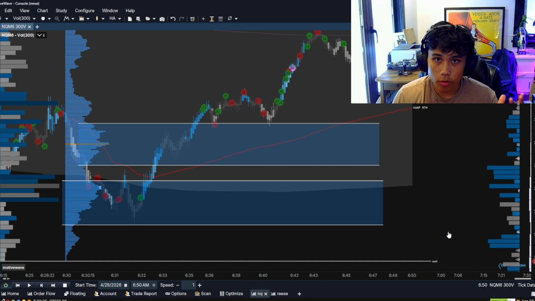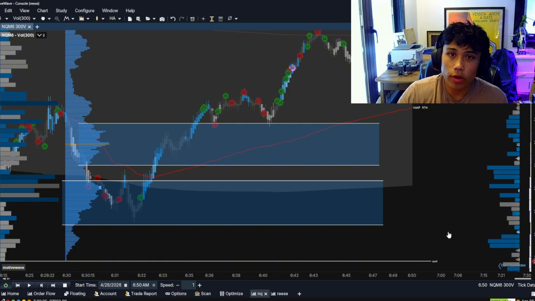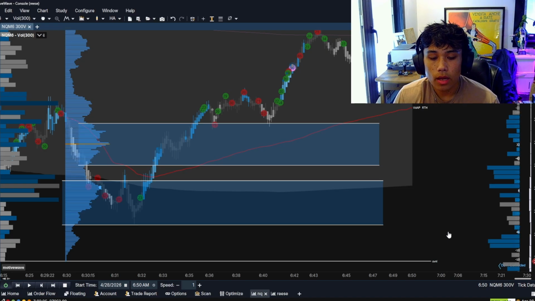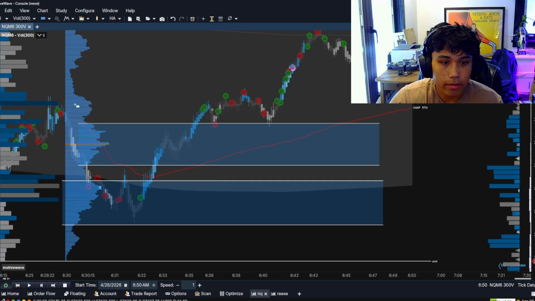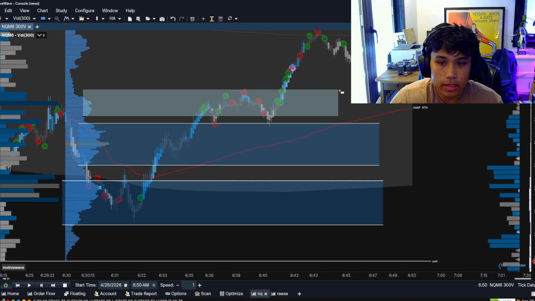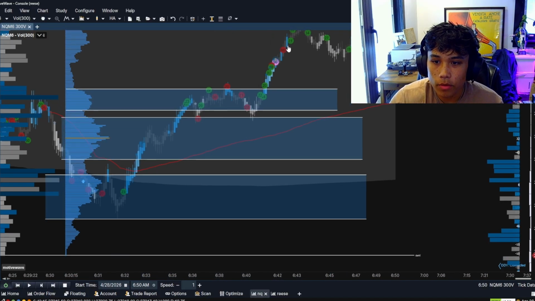So we entered the lower balance, traded in between the ledges, and then moved back up into another balance and traded in between that. And look right here, there's another balance just sitting here. We traded in between that before, again, moving higher.